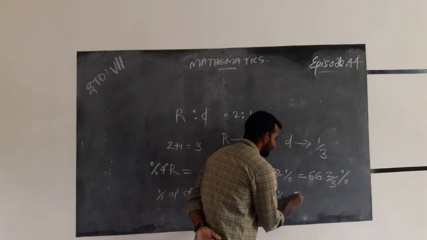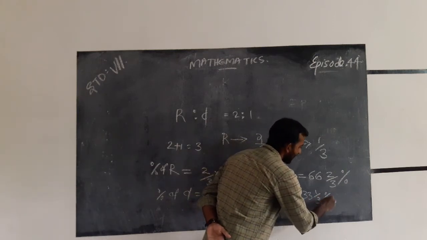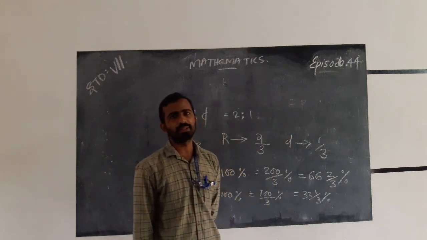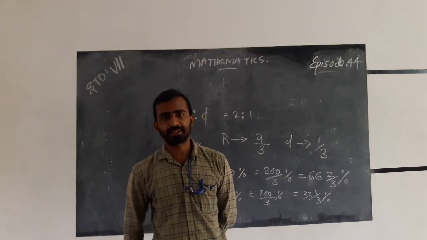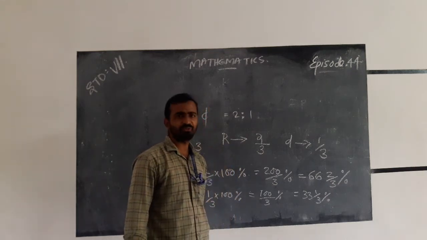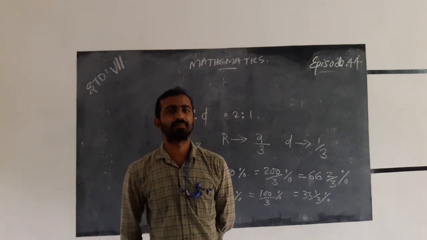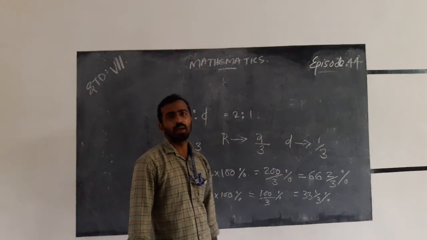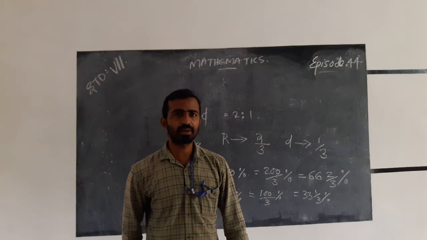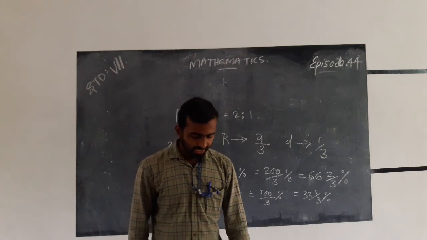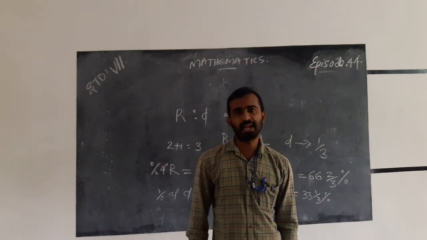That is 33 and 1 by 3%. When we divide 100 by 3, we get 33 as quotient and 1 as remainder. So we write it as a mixed fraction, 33 and 1 by 3%. Is it clear? Yes. And next we are going to discuss another example.